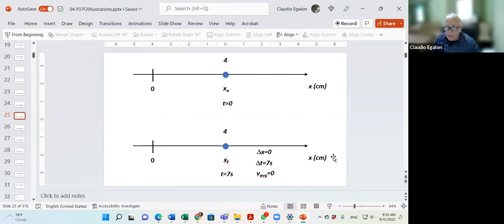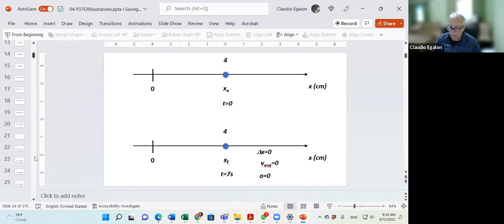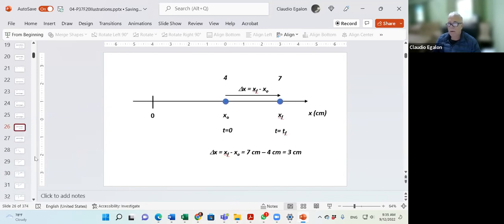And then you can have other types of problems too. I don't need that anymore. Simplify my video. I'm going to erase this one as well. But what about here? That's another example. Initial instant of time 0, initial position is 4, and now the particle moves to position 7.